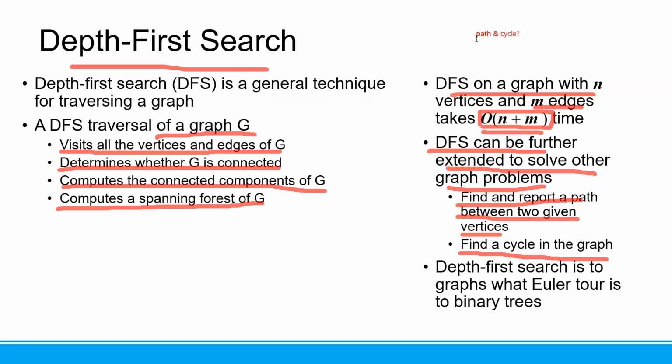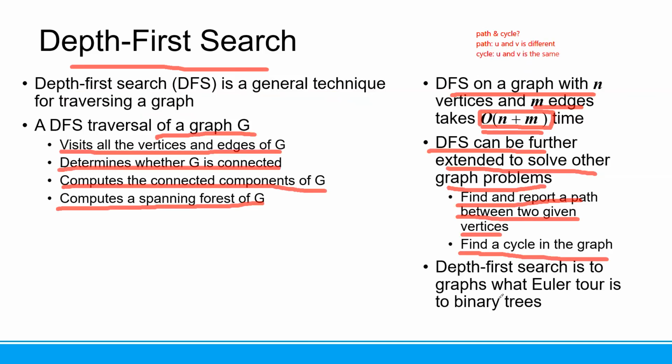A path is a travel from one node to another node, and the nodes are different. If it is a path, U and V are different, but for a cycle U and V are the same. We want to go back to the origin, the first one. So using DFS, we can find a cycle, and we can also find a path.